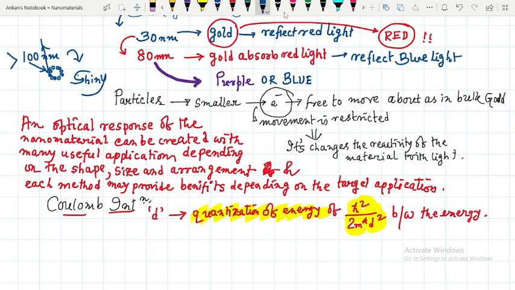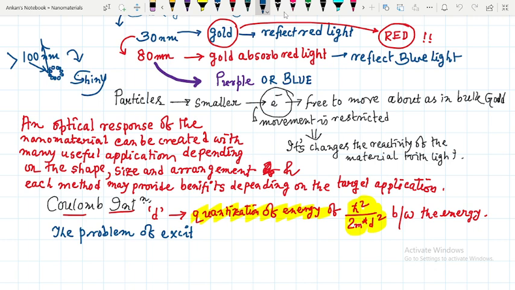Now, due to this confinement or due to this restricted motion, it can affect essentially only the motion of the remaining unrestricted degrees of freedom. Thus, the problem of an exciton, again the word exciton comes here, I will shortly discuss.